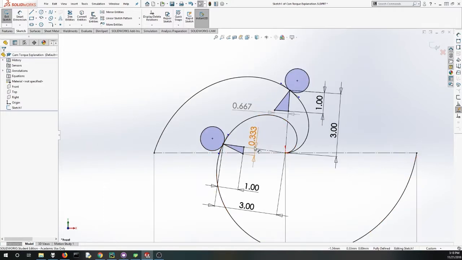The torque required to turn this is going to be this component of force multiplied by the radius, which is 3. So this is going to be about 1, so this is going to work out to 1/3 of this, or 1 unit of torque.